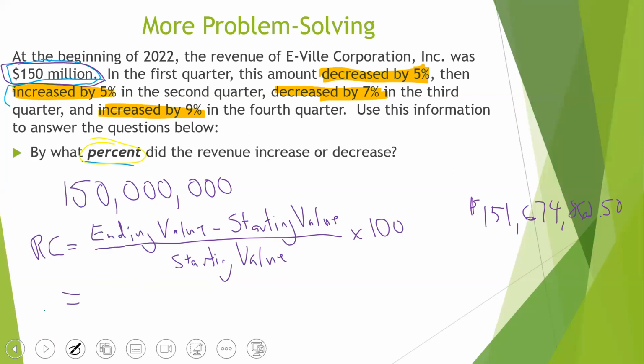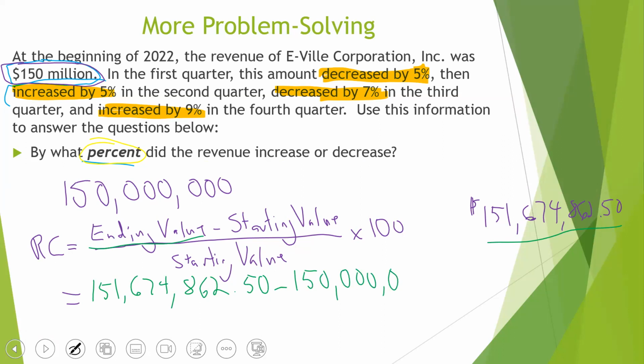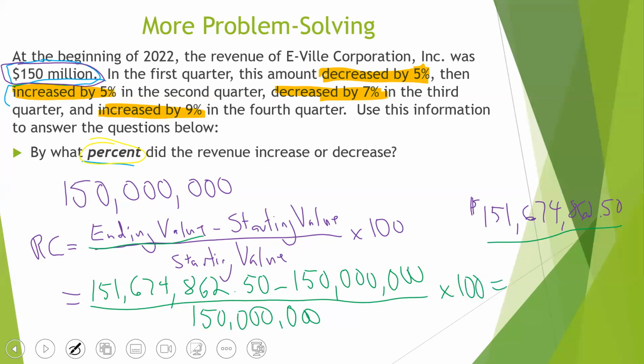Okay, so to do this, we'll go ahead and plug in our ending value. That's our 151 million, 151,674,862 and 50 cents minus our starting value. That's 150 million. We'll divide by the starting value, which is 150 million, and then multiply by 100. Okay, so go ahead and plug that in the calculator, doing that off screen here.